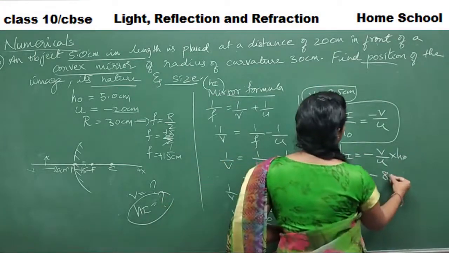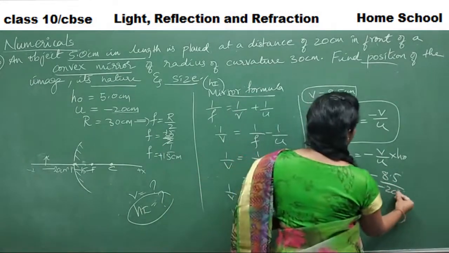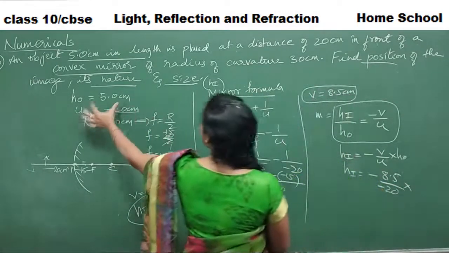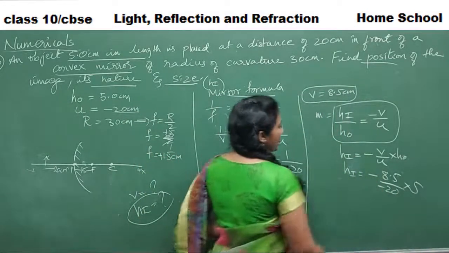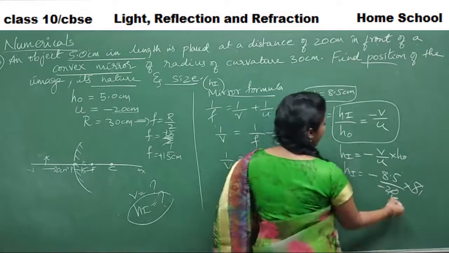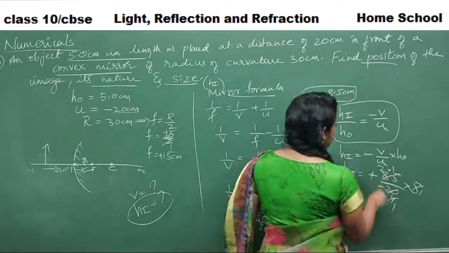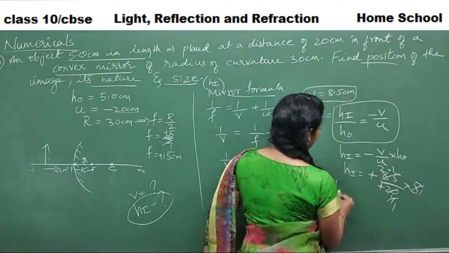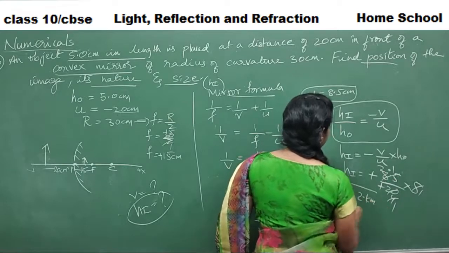Just now we calculated 8.5. U is how much? Minus 20. The height of the object is given, that is 5 centimeter. So 5 ones are 5, 5 fours are 20. So 4 ones are 4, 4 twos are 8, 2.1. This minus gets cancelled. So HI is equal to 2.1 centimeter you get.